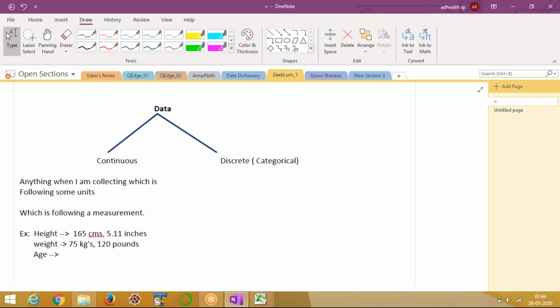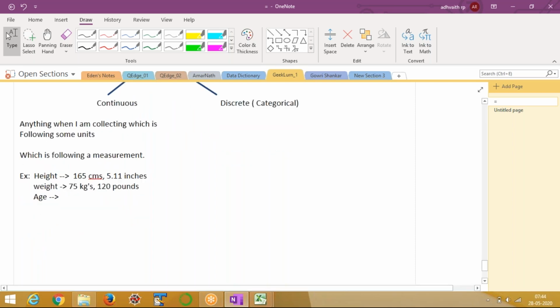Any more, guys? Any examples from you? What other things can be continuous? Your petrol price. Daily you are pouring petrol in your bikes, right? What is the petrol price today? 80 or 90? 80 rupees per liter.